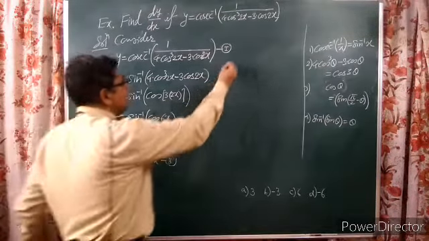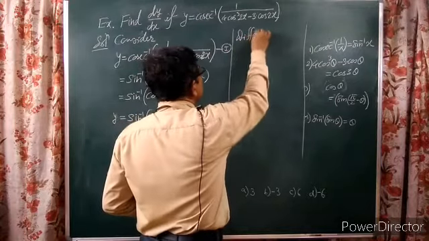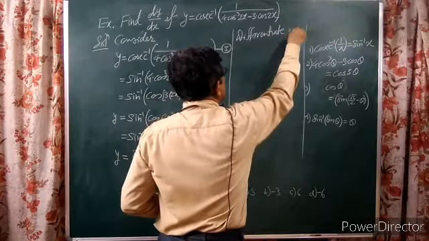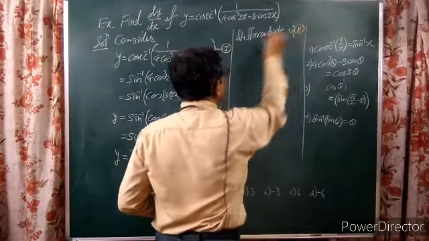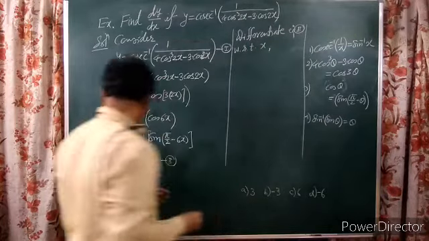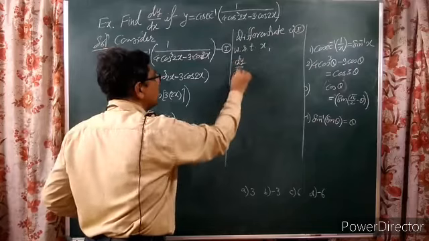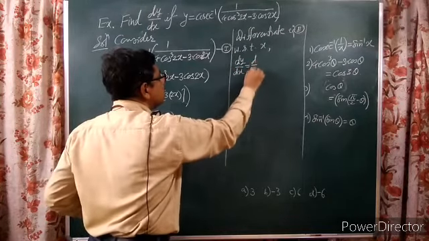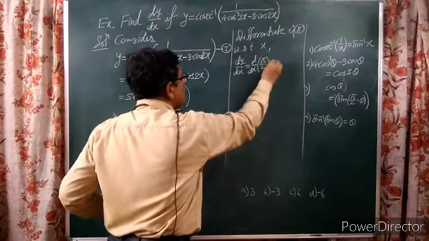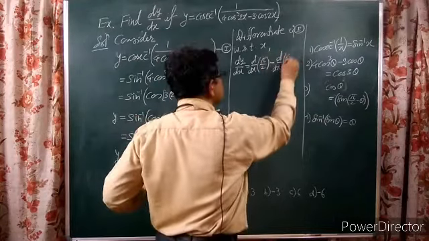Now this is the simplified form, and we go for the derivative. Differentiate equation 2 with respect to x. So dy by dx is equal to, differentiate these two terms separately using the derivative of a difference: derivative of pi by 2 minus d by dx of the second term, 6x.